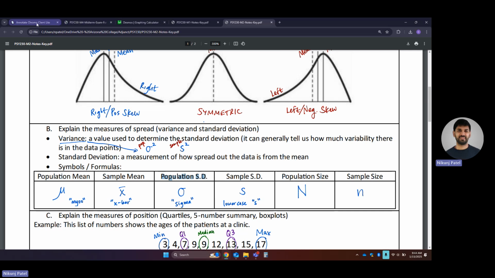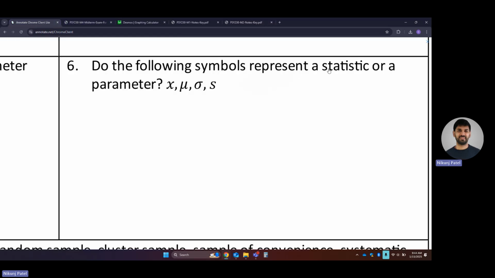So certain ones go with population values and certain ones go with statistical values. So there, it gives you 4 symbols right here. I'm not sure if it printed on your packet or not, but on mine it didn't, but there should be a bar on top of the X. That's a particular symbol. And so we'll list out each of these, right? X bar, mu, standard deviation, and S. These are the 4 different symbols right here.